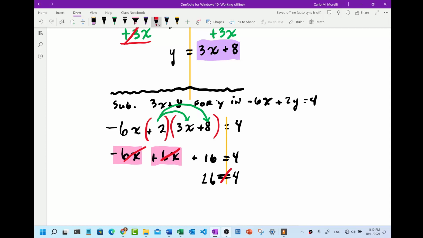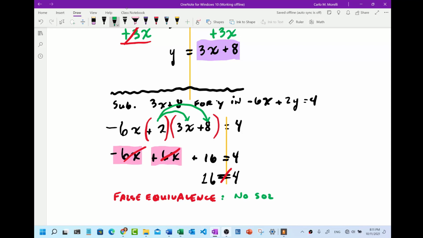So that's not true, right? False equivalence, and what that means is that there's no solution.